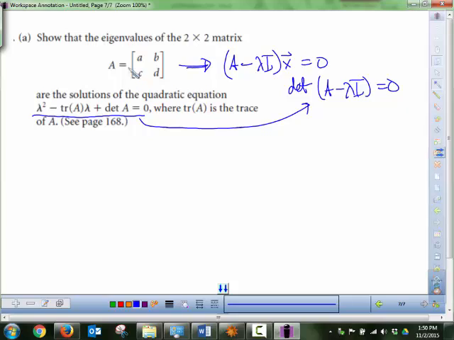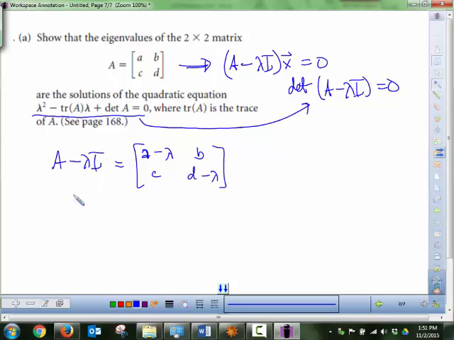So A minus lambda I is equal to little a minus lambda, b, c. Remember, anything that's not in the diagonal doesn't get subtracted by lambda. Everything that is in the diagonal gets subtracted by lambda.